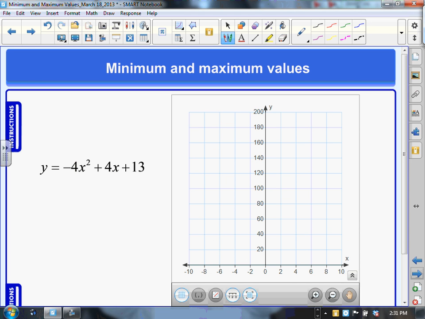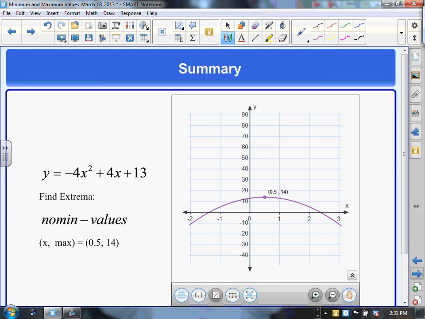In the next one, you can see that it is also quadratic, and due to the leading negative coefficient, this function is going to have an absolute maximum. Let's just quickly look at the graph of that. In terms of its extrema, there's no min, but there is a maximum y value.